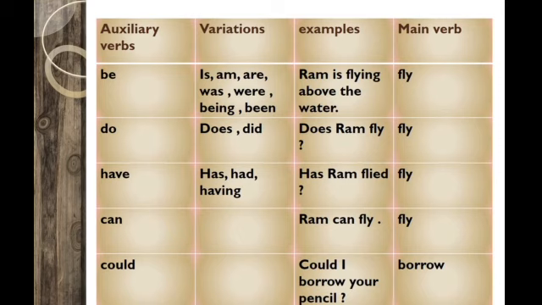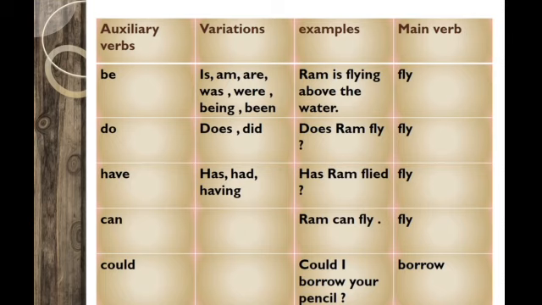Now see how the variation comes. Auxiliary verbs like we have be. Variation is am, is, are, was, were, being, been. How to use? Ram is flying above the water.